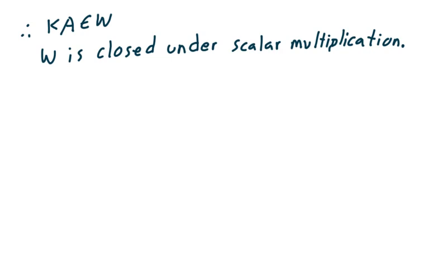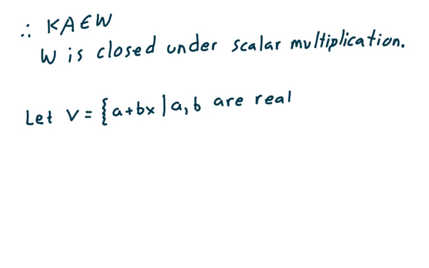Now, let me give you an idea here. Suppose I let V equal the set of all first degree polynomials. In other words, it's of the form A plus BX, where A and B are real numbers. Is V non-empty?